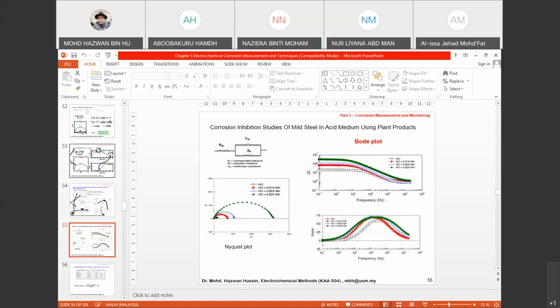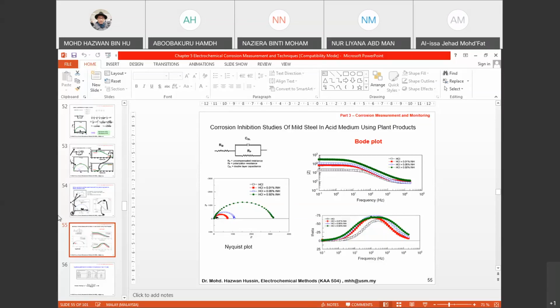This tells you that it experienced depression, and what causes depression is basically surface inhomogeneity. This is the main reason. Surface inhomogeneity is due to probably manual polishing. You do hand polishing, not polishing using a grinder polisher. Or it can also come from other reasons, for example the flatness of the plate.